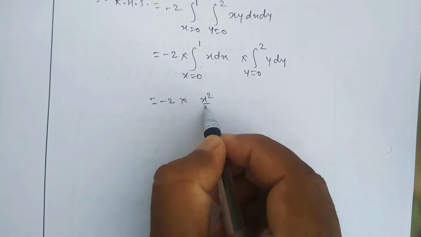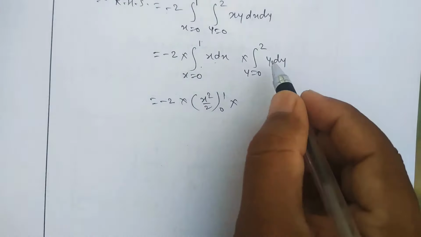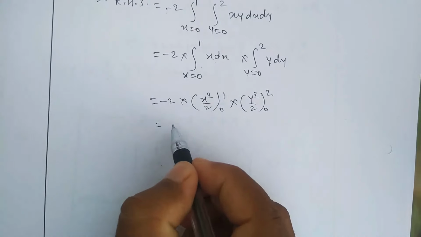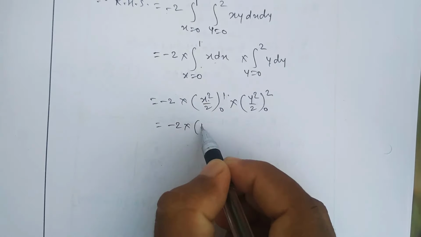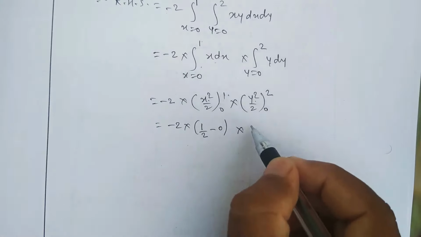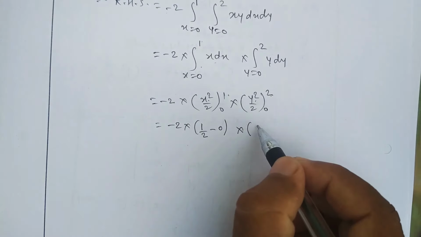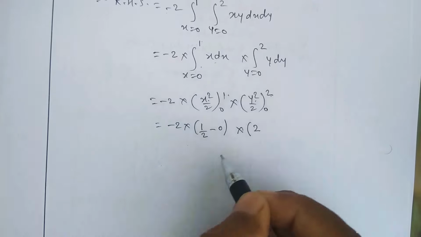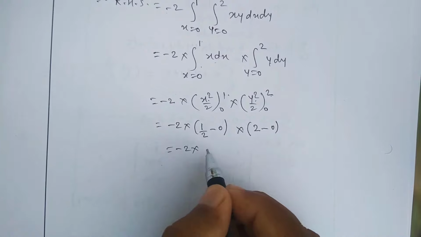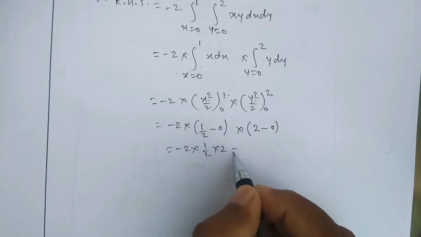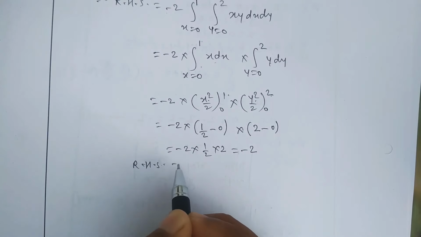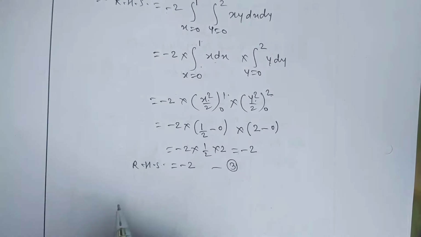The integration of x is x square by 2 with limits 0 to 1, multiplied by the integration of y, which is y square by 2 with limits 0 to 2. This is equal to minus 2 into, when you put the upper limit you get 1 by 2 minus the lower limit 0, multiplied by, when you put the upper limit 2, y square is 4, 4 by 2 is 2, minus the lower limit 0. So you will get minus 2 into 1 by 2 into 2, that is minus 2. That is the value of RHS. RHS is equal to minus 2. It is equation number 3.